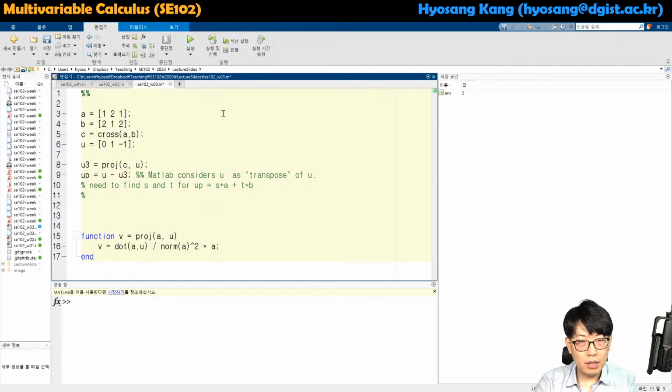So in other words, since UP, A, B are three-dimensional vectors, equating the equation implies three equations. So this is our equation.